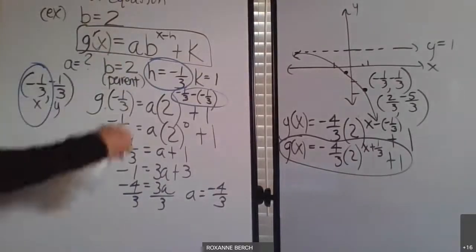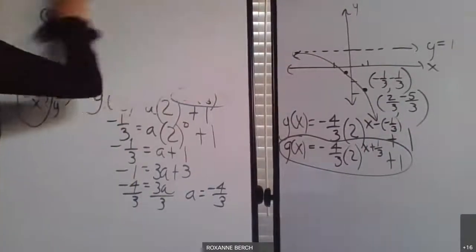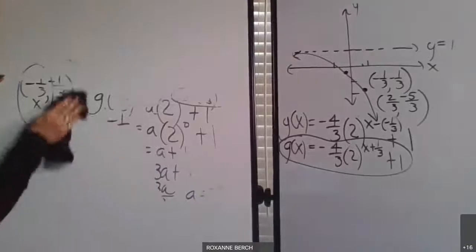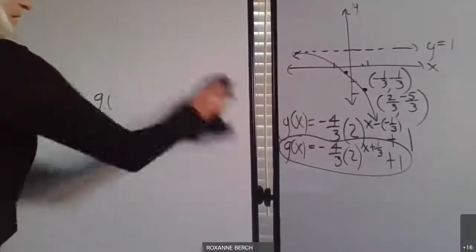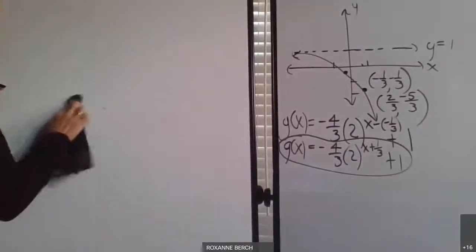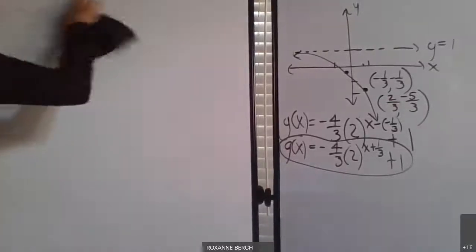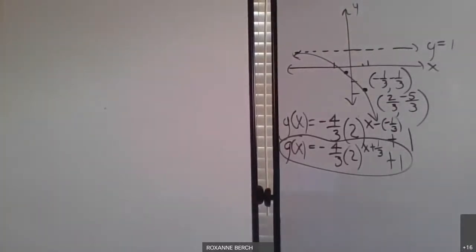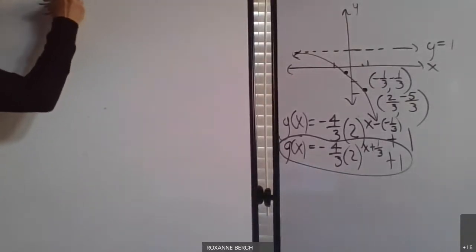Okay, let me show you how to check this. Now, you do not have to check unless somebody's betting you, or you need to have it right for an exam. Can you check? Watch this. You're going to take the second point, which is 2/3 and -5/3.